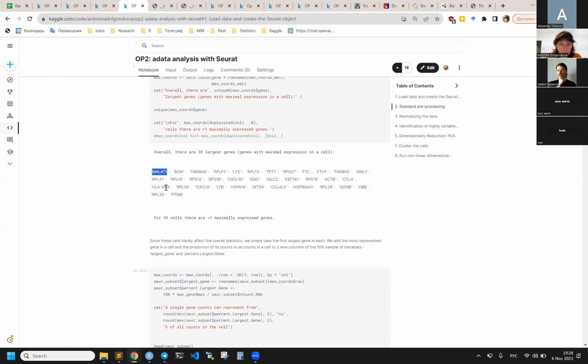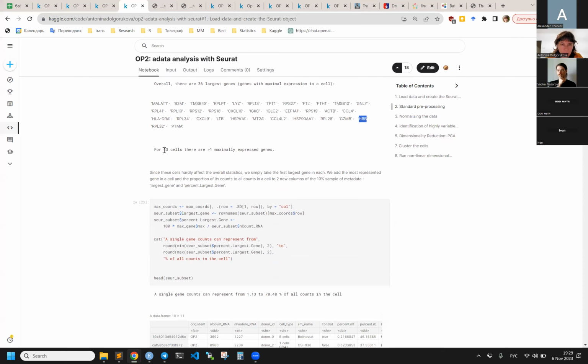And we can see maybe some familiar genes, like this one, the nuclear gene, and this one maybe too, and this one is ribosomal, and this also. Also this, I can see, and this hemoglobin, right? Maybe you know something more about this, but for some reason, these 36 genes represent most counts in all cells.